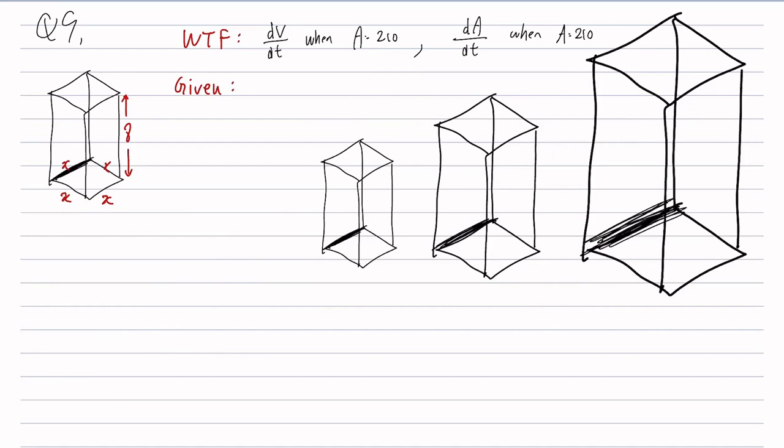So what's given? Part 1, part 2. Given is the constant rate of the sides of the square, so dx over dt is 0.05.